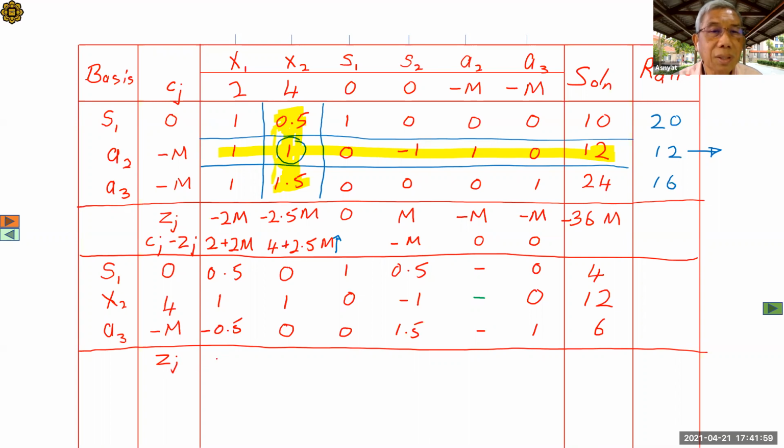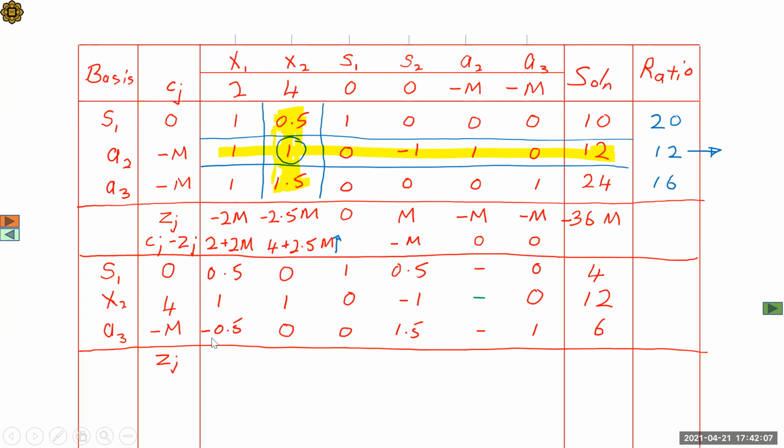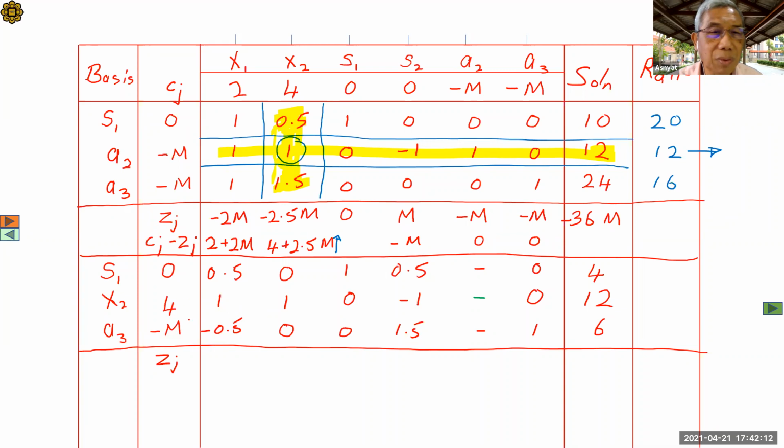Zj. 4 times 1 plus 4 times negative m times 0.5, so we have 4 plus 0.5 m.